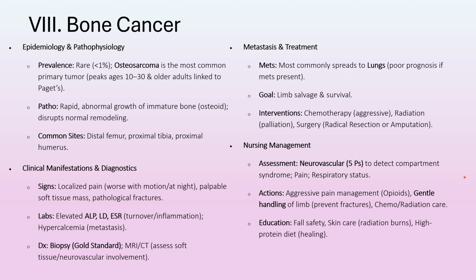It's very important in musculoskeletal, the 5 Ps, to detect compartment syndrome or vascular compromise. Not just for bone cancer, for everything in this unit.